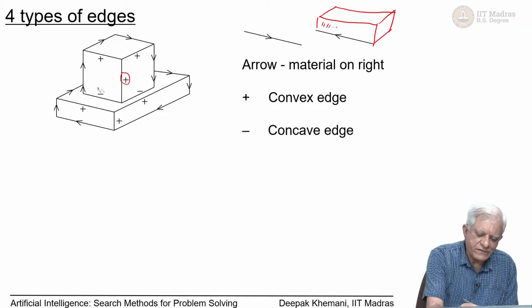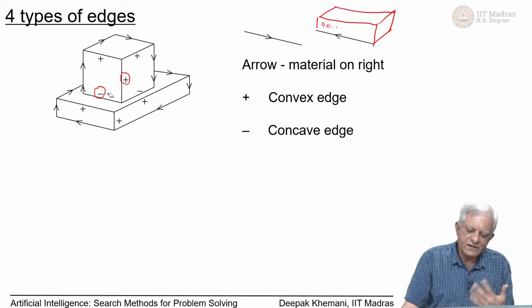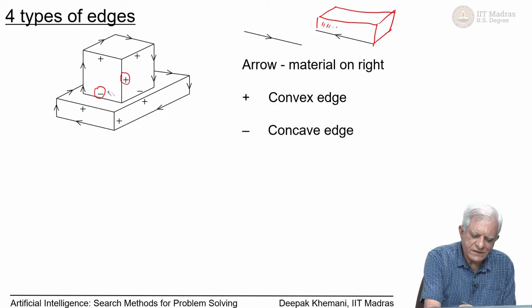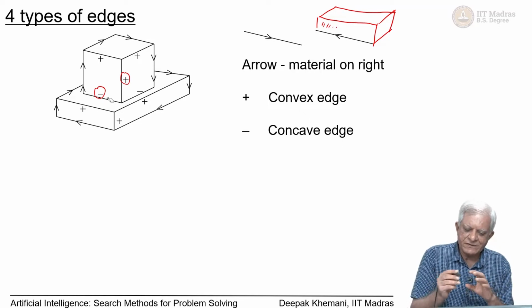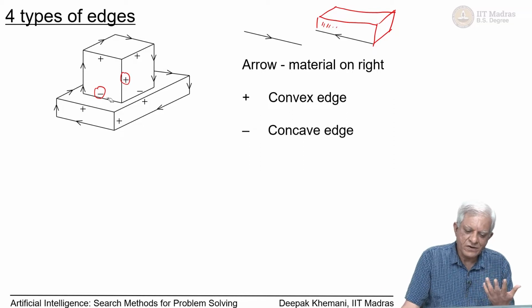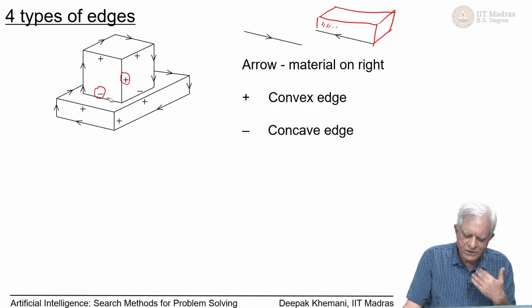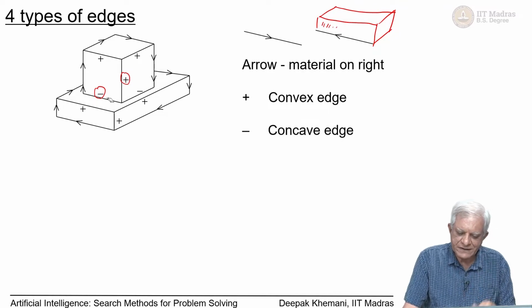What is a concave edge? Where the material has an angle of more than 180 degrees. Material is all inside, right. So, the material part covers 180 degrees around that edge, or 180 or more, and so on. And arrows we have seen, they show that the material is on the right hand side.